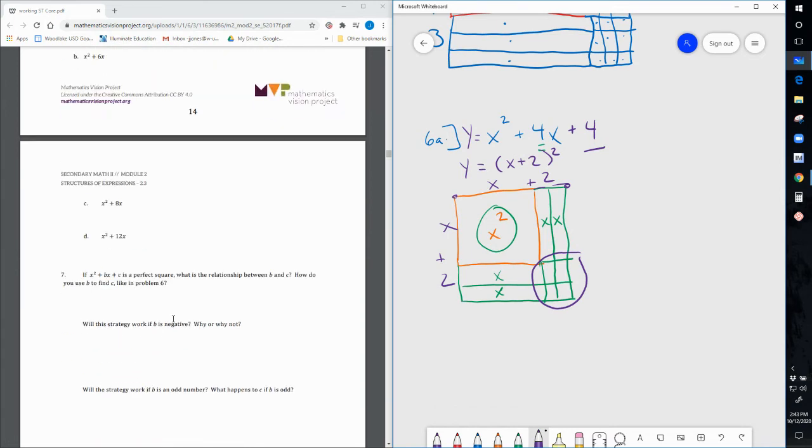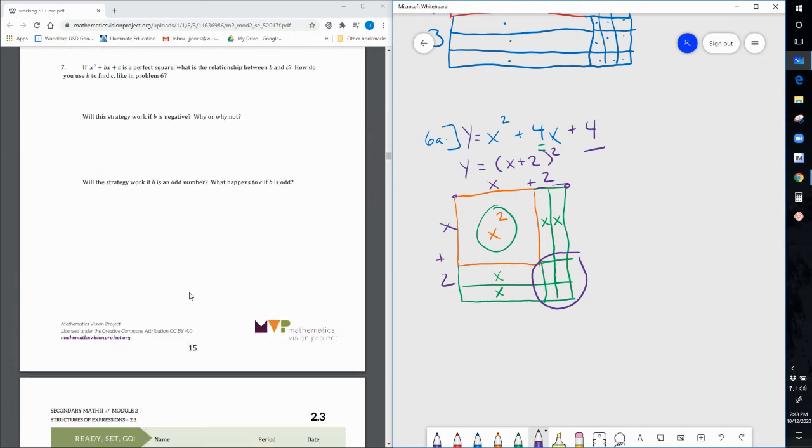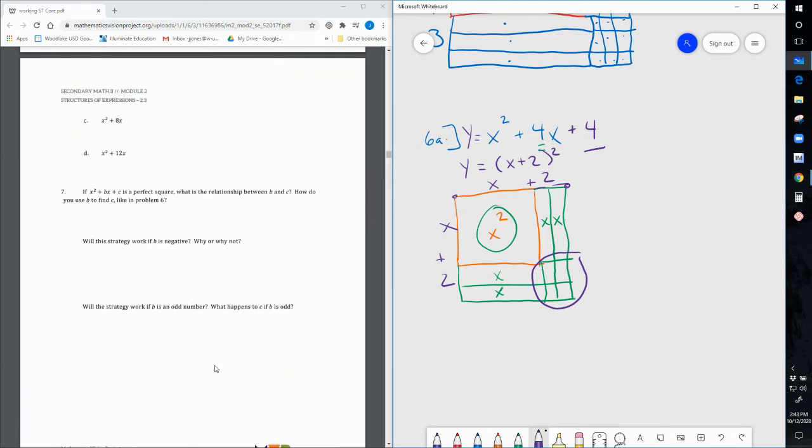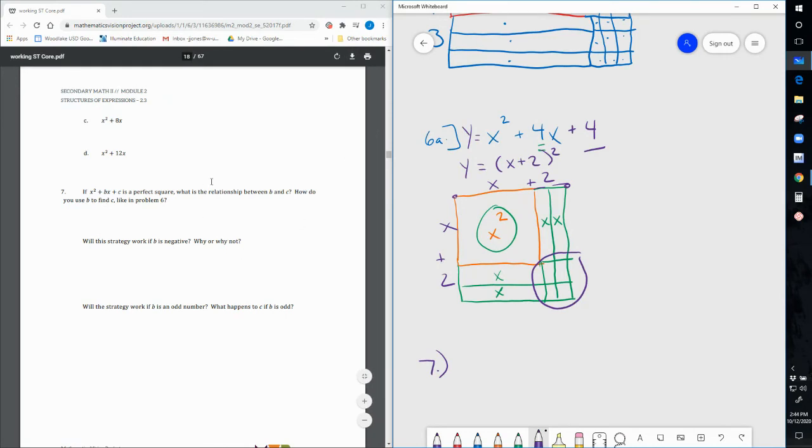Last but not least on this, we're going to try and figure out what the pattern is. So this is where it gets a little bit tricky. Number 7. If x squared plus bx plus c is a perfect square, what is the relationship between b and c? In other words, how do you use b to find c, like in problem number 6?